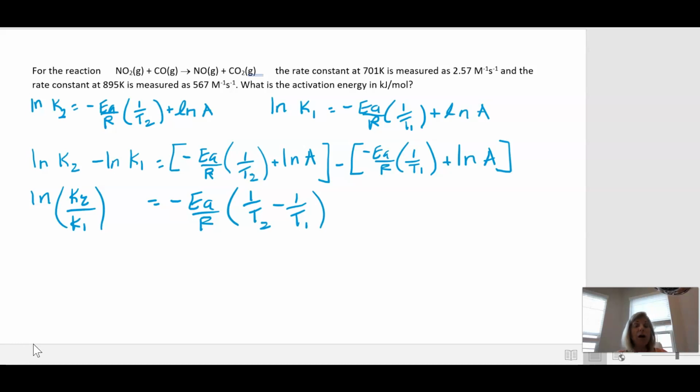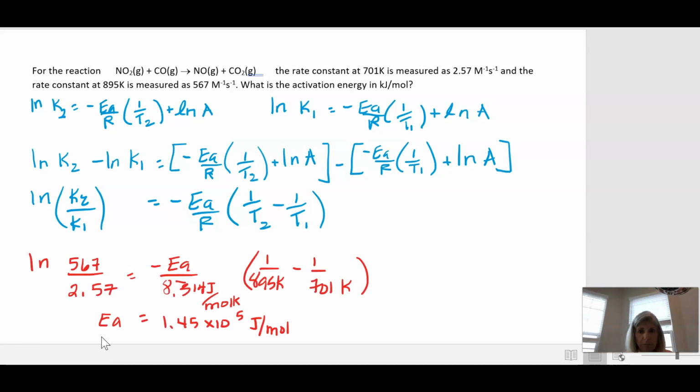This becomes positive, so it's T1 minus T2, but this is how I write it. Both are mathematically correct. Choose your favorite version. So now we have an equation that we can use, and we're going to plug in some values. And we're asked to convert this into kilojoules, so we'll divide by 1,000.